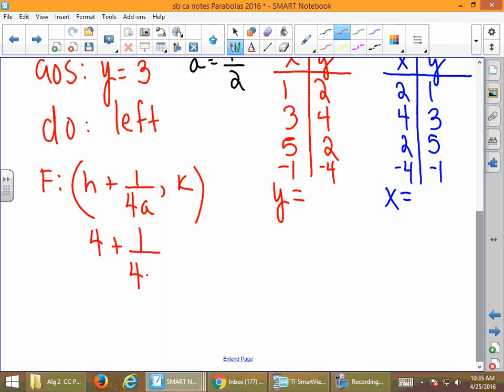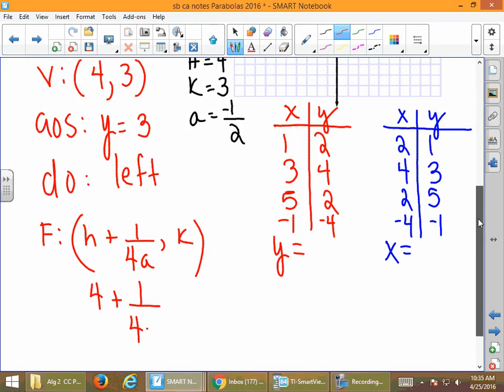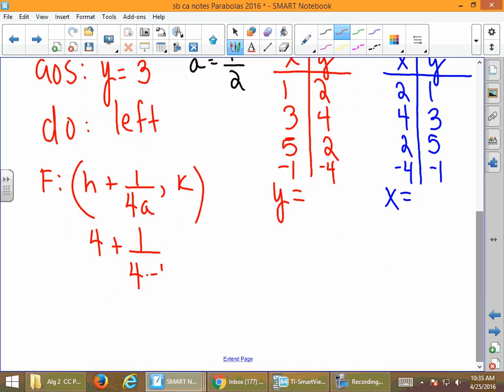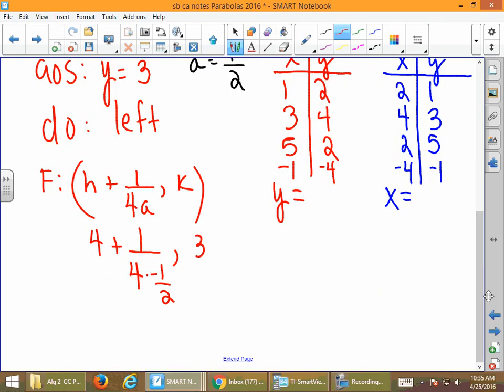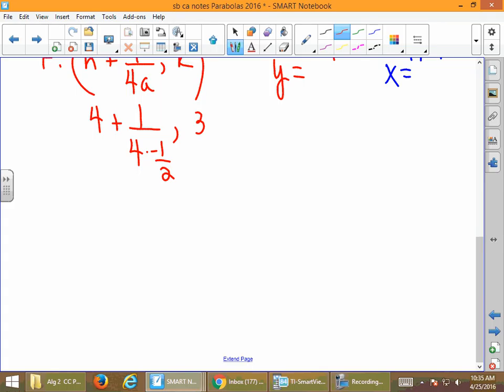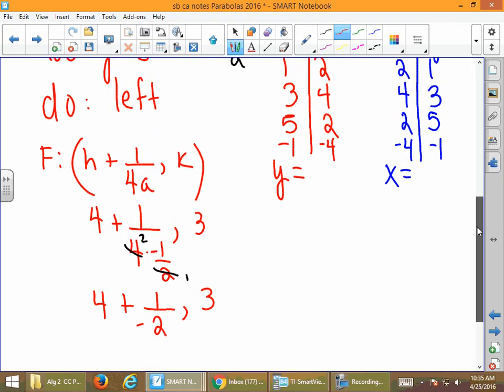And it's 1/4 times a, and a equals -1/2. And then we fill in our k. Well, our k is 3. So I write that out, but you can easily type it into your calculator. 2 goes in here once, 2 goes in here twice. So this becomes 4 plus 1/2. And it should be negative. Did you put the negative denominator up to the numerator?